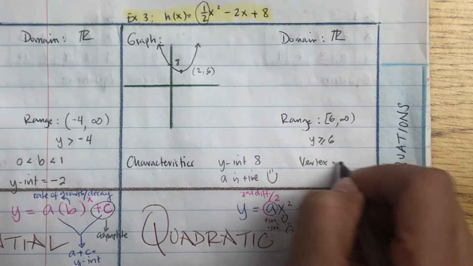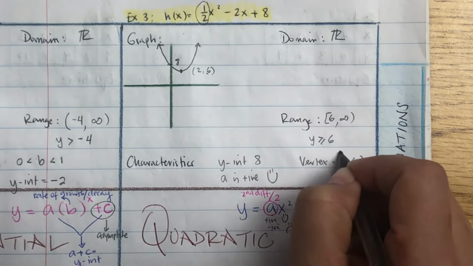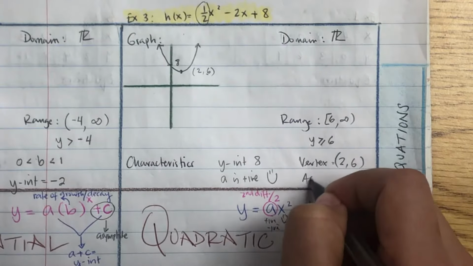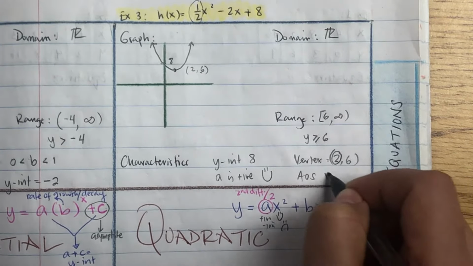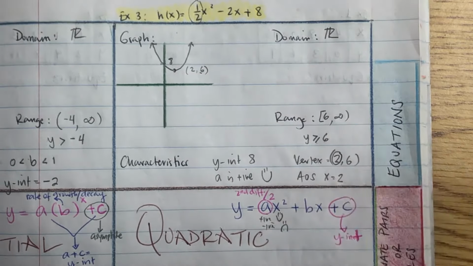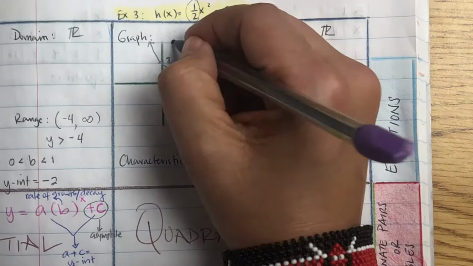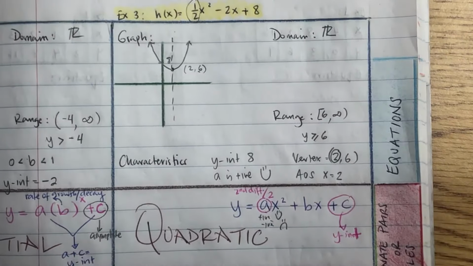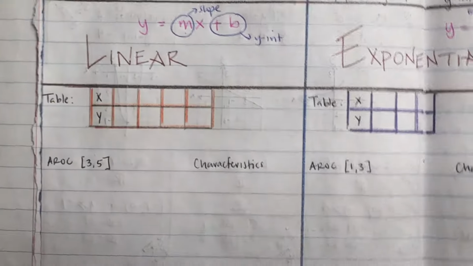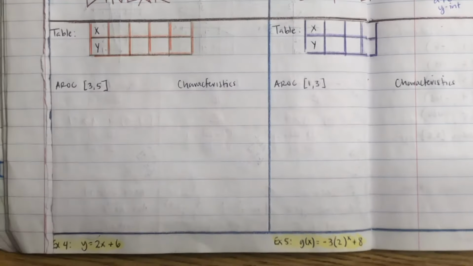My vertex is 2, 6. And because I know my vertex, I know my axis of symmetry, which is always this number equals. So x equals this number, 2. Remember, axis of symmetry is a line, not a point.